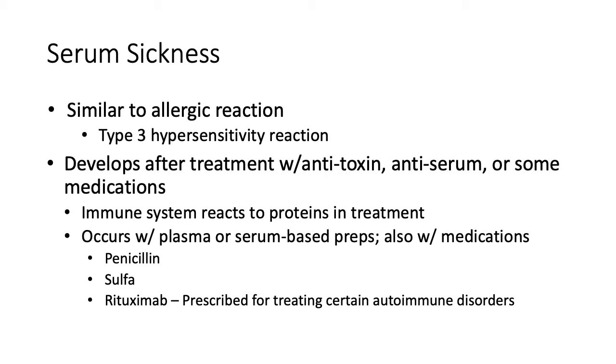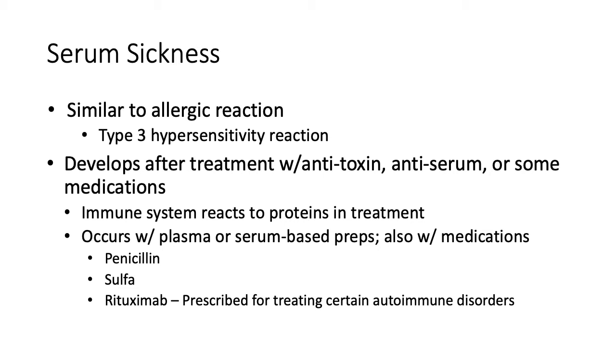Serum sickness is a type 3 hypersensitivity reaction, an immune response similar to an allergic reaction. When antigens that are sometimes present in certain medications are introduced to the body, they can trigger the immune system to react and produce antibodies.